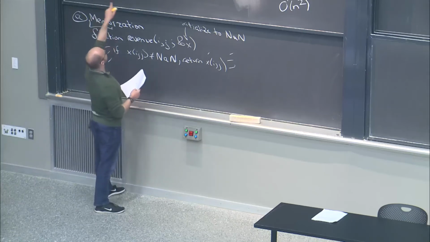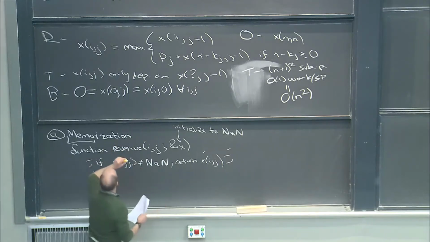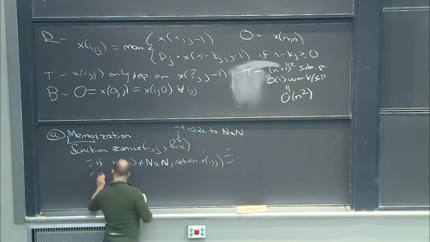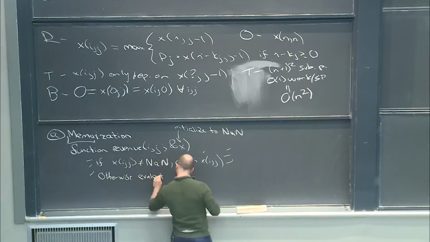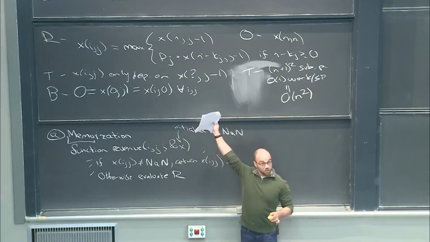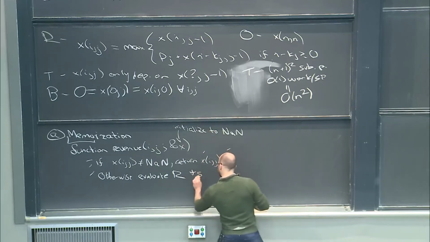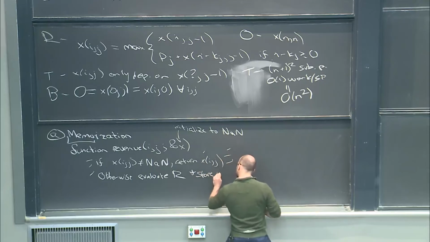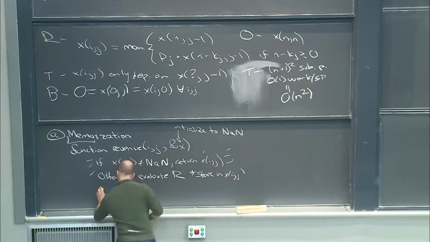Otherwise, I'm going to evaluate R, where R is this formula over here. Notice that this will require recursive calls, and I'm going to store it in xij, and then return xij.